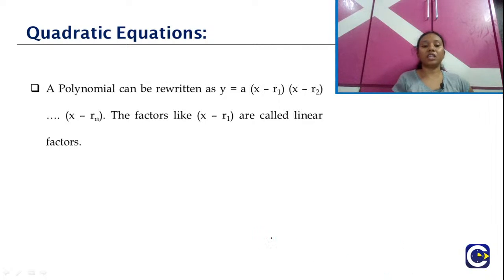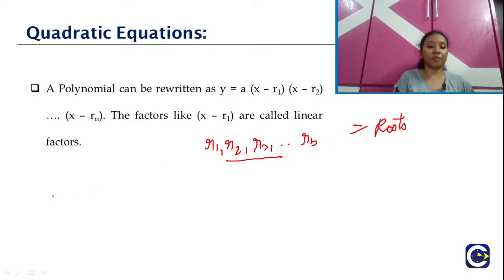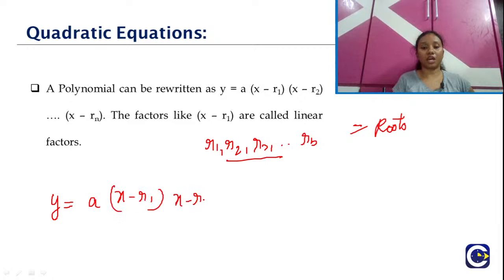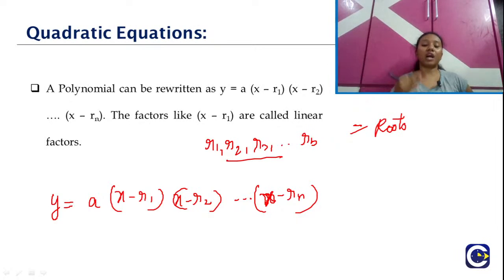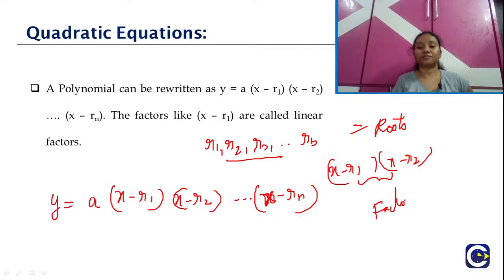So for any given polynomial, if R1, R2, R3 and so on until Rn are the roots or solutions of that polynomial, then that polynomial y can be written as some constant into x minus R1, x minus R2 and so on, x minus Rn. That means R1, R2, R3 up to Rn are my roots, and x minus R1, x minus R2 are my factors, right?